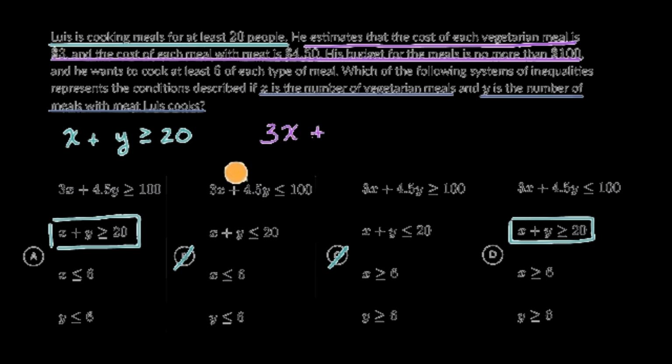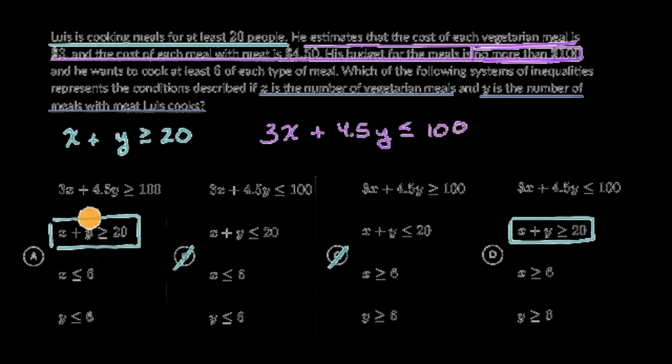And what about meat meals? Well, it's going to be Y meals times $4.50 per meal, so it's 4.5 times Y. The amount that he's spending on vegetarian meals plus the amount that he's spending on non-vegetarian meals is the total he's spending on meals. And they say it is no more than $100. So this has to be less than or equal to 100.